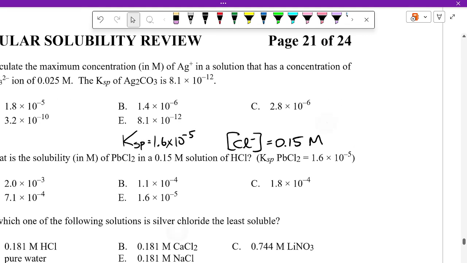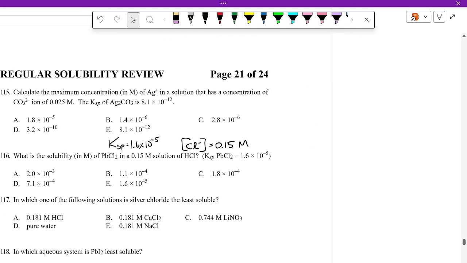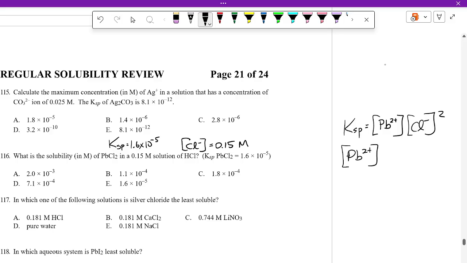So what's going to happen is you're just going to do it like this, and I'll show you why in just a second. KSP is equal to lead times chloride squared. And so we want lead, Pb2+, is equal to the KSP over chloride squared.